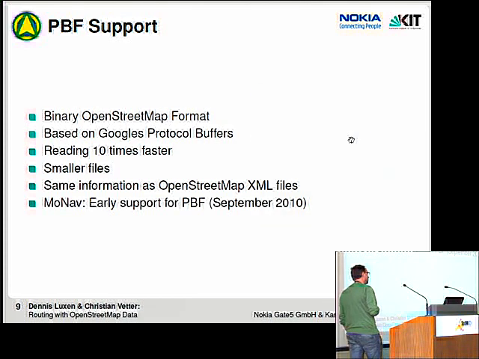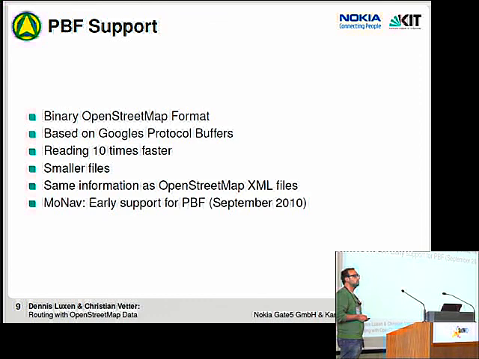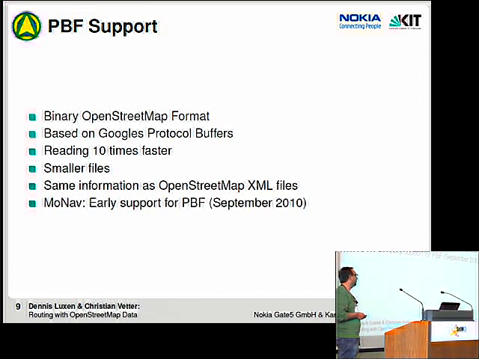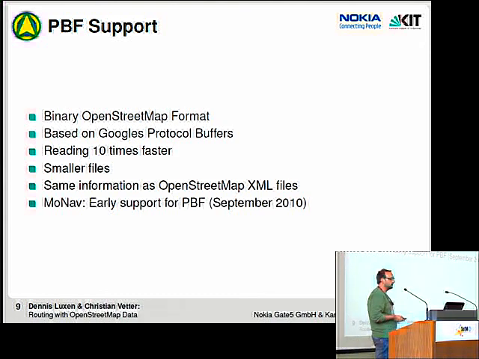Monav was one of the first tools to support PBF, which is a really, really nice format. Compared to the usual XML, it's much easier to use and much more efficient with disk space. The reading times are much faster, and you have much smaller files.